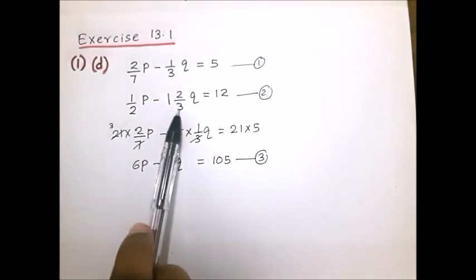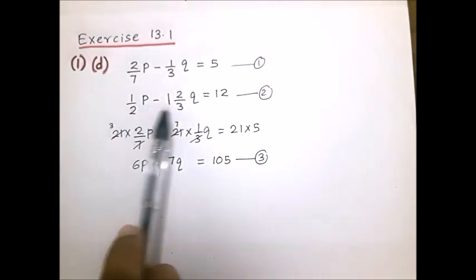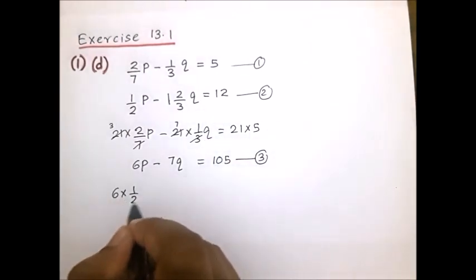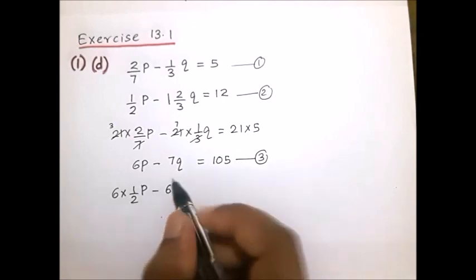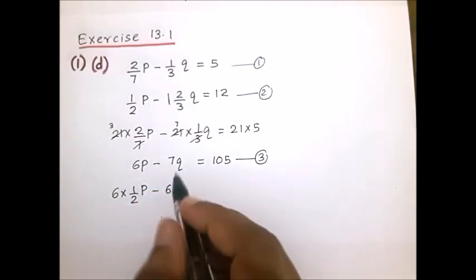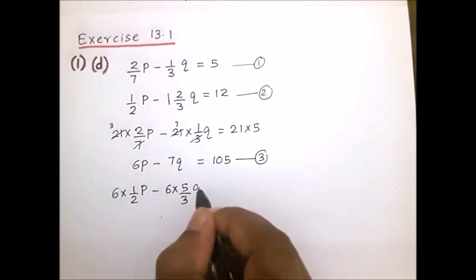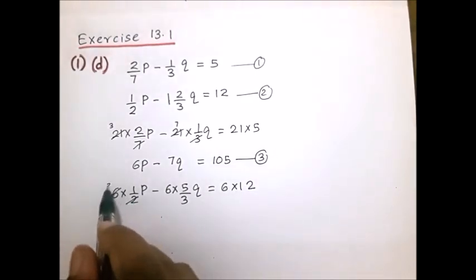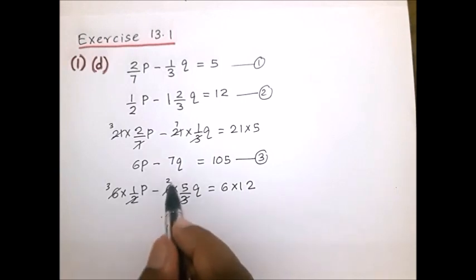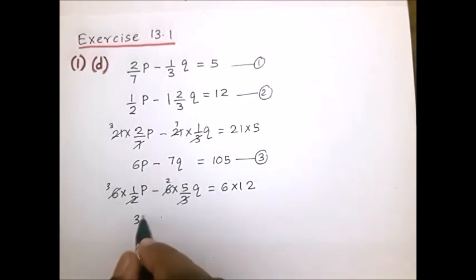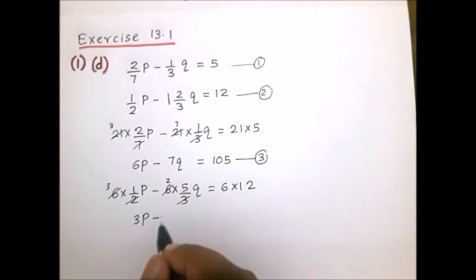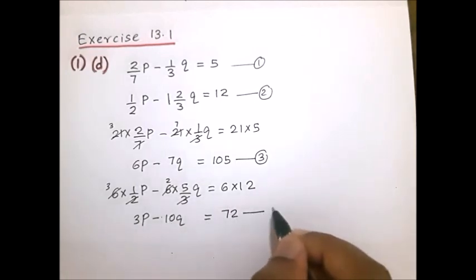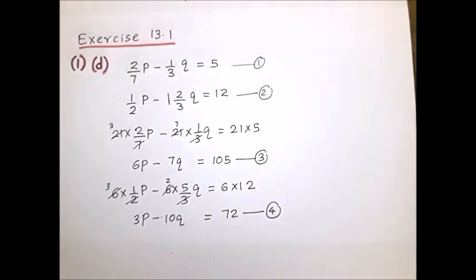To remove these denominators, 2 and 3, you have to multiply each and every term by 6. 6 multiplied by half p, 6 multiplied by the improper fraction 5 over 3, 6 multiplied by 12, cancel these two, 3, and here 2, 3 multiplied by p, 3p. 2 multiply 5q, 10q, and right side is 72. Name this as fourth equation.